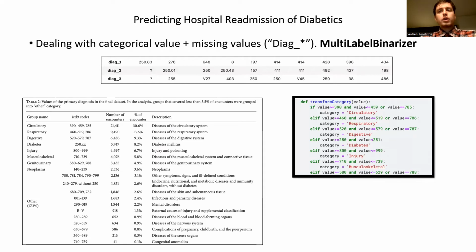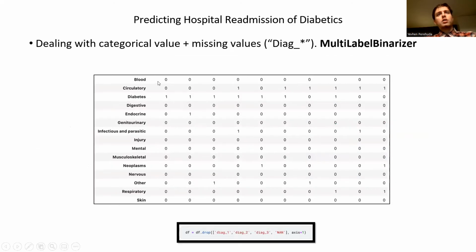For diagnosis, we grouped the ID of diagnosis according to ICD-9 codes, and we grouped them into 10 different groups. You can see the result.